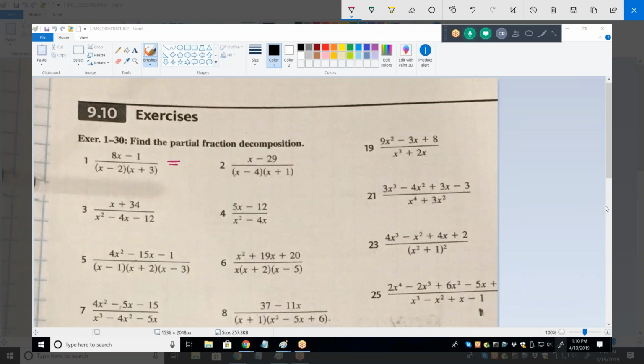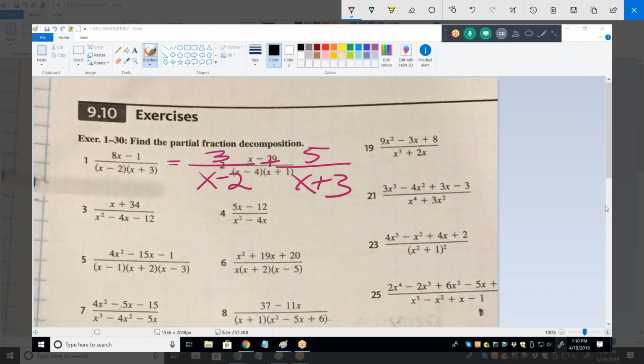A was 3. And then 5 over x plus 3. That will be a true statement.